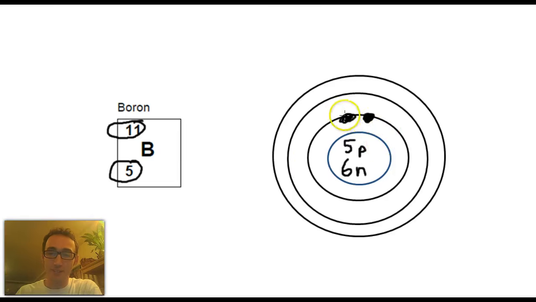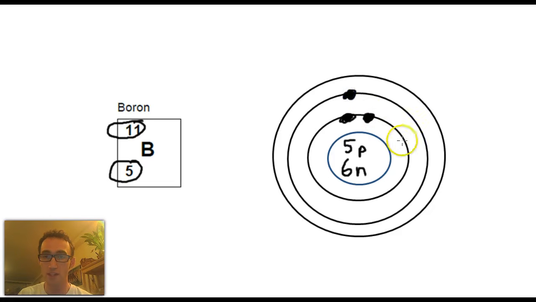But the thing with this first energy shell, and we call these different circles around it energy shells, is that the first one can only hold 2 electrons. So now we still need to have 3 more electrons, because right now we only have 2. So then we're going to start adding them to the circle around here.